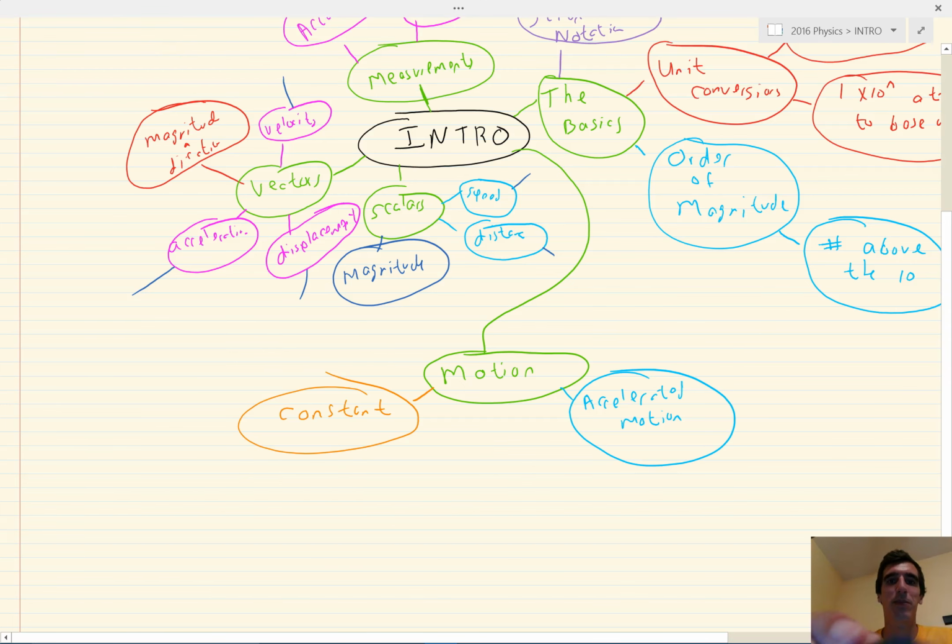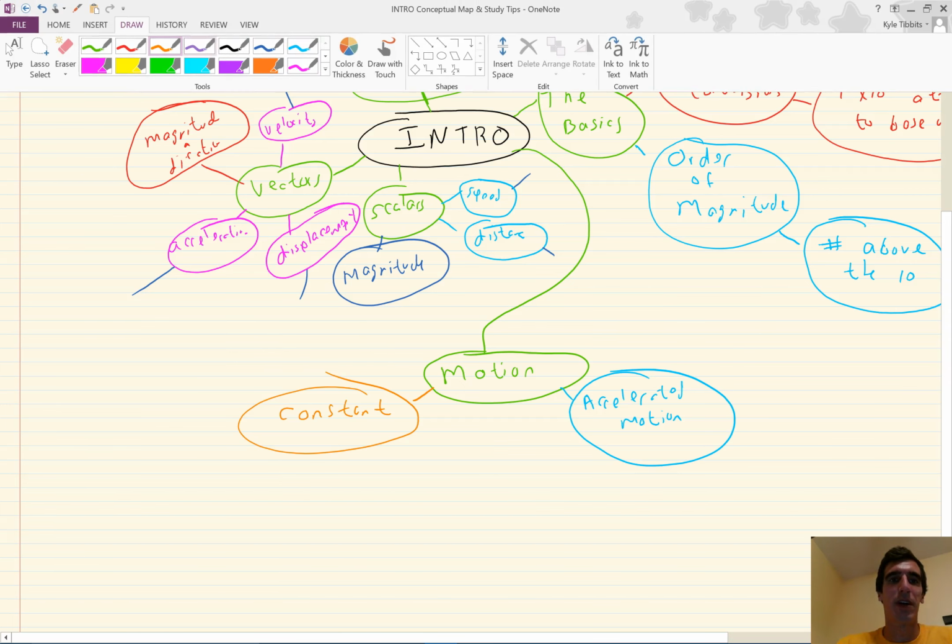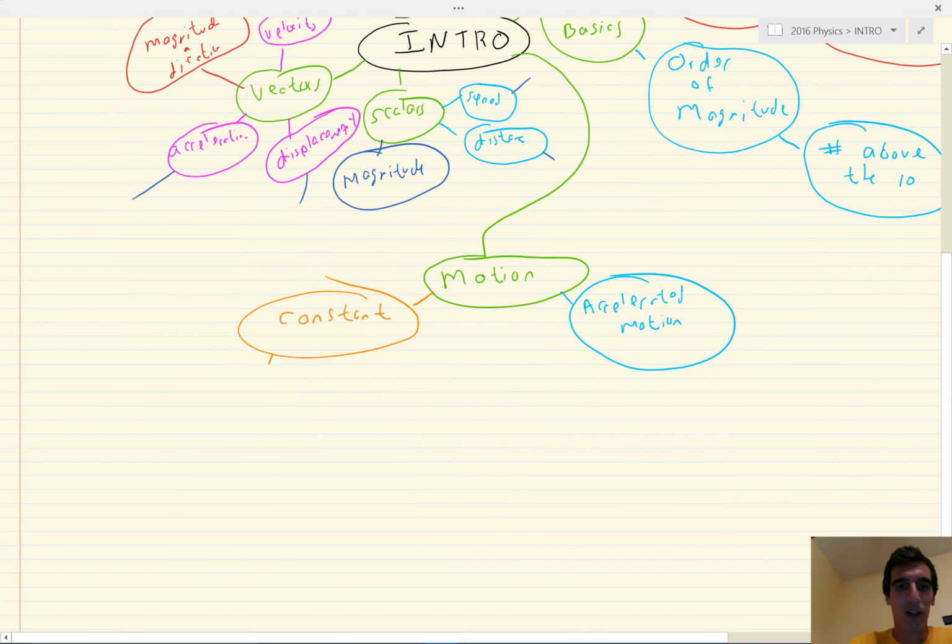Okay, so for constant motion, we have velocity. Average velocity is the change in distance over the change in time.